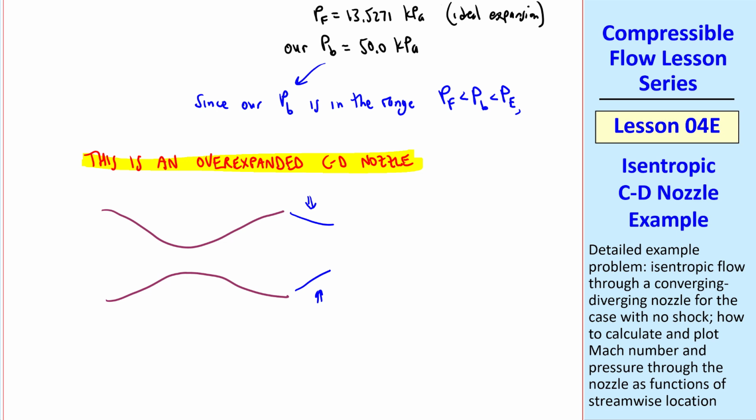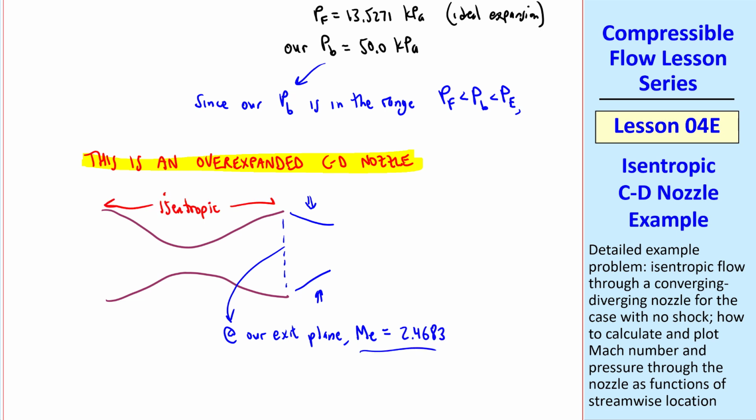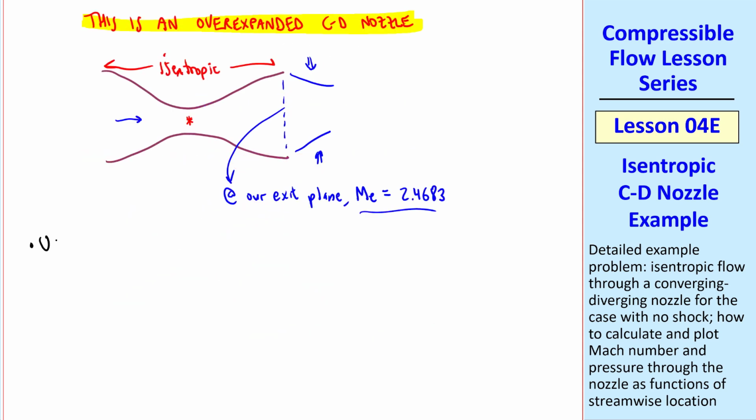But in the entire duct, there are no shocks. So at our exit plane, the flow doesn't really care what's happening down here. We know our Mach number, and this flow can be approximated as isentropic in the entire duct. Therefore, we can use our isentropic ratio equations to calculate temperature, speed of sound, etc. at the exit plane.